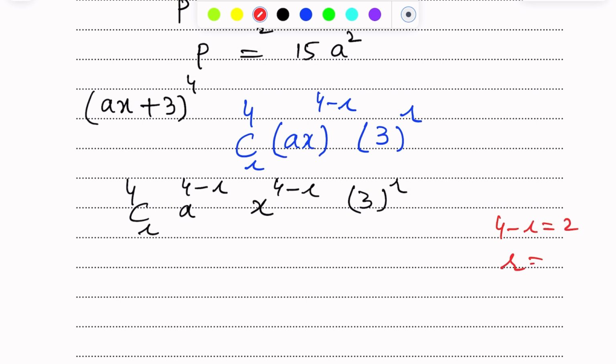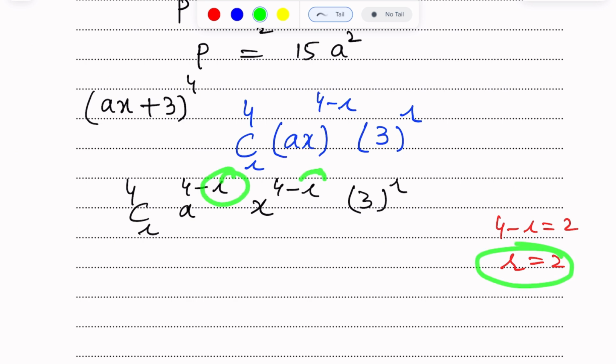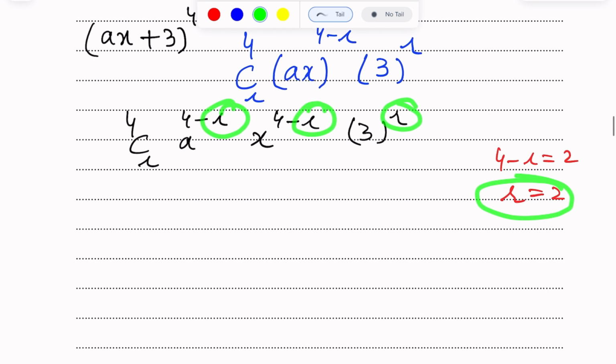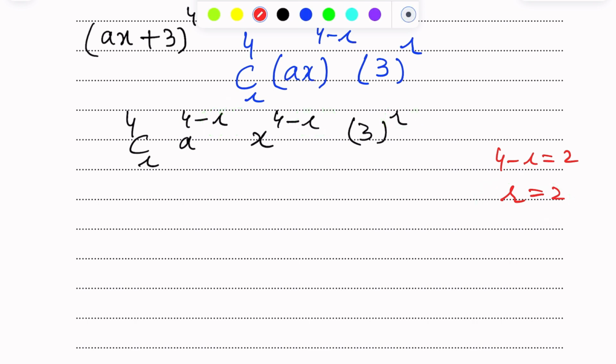From here r is equal to 2. Putting here the value of r, this will become 4C2 a^(4-2) x^2 3^2.